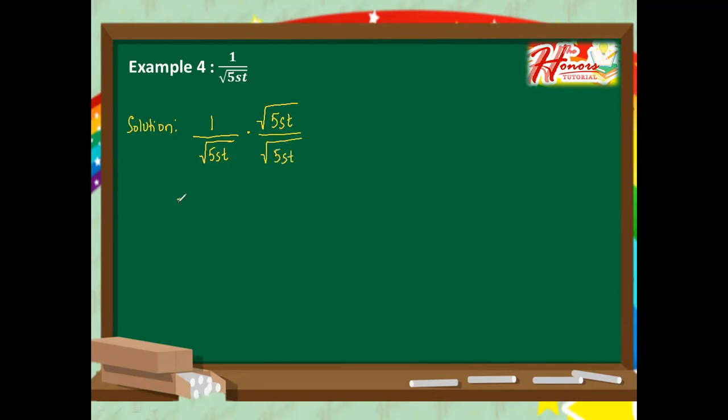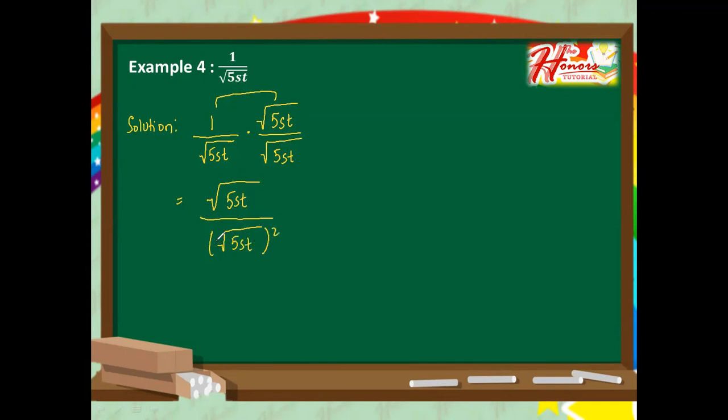And then it will become 1 times square root of 5st, that is square root of 5st. And then for our denominator, that is square root of 5st times square root of 5st is the quantity of square root of 5st squared.